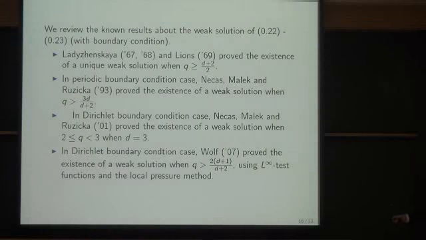We reviewed the known results about weak solutions of the power law fluid equation. One of the first results is due to Ladyzhenskaya and Lions, Jacques-Louis Lions. They proved the existence of a unique weak solution when Q is larger than or equal to D plus 2 over 2.